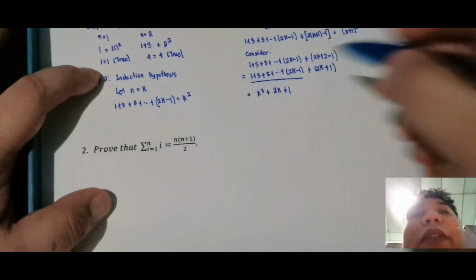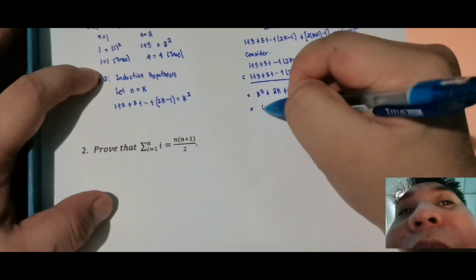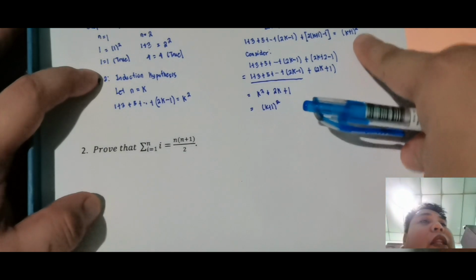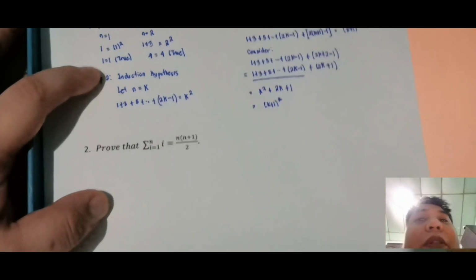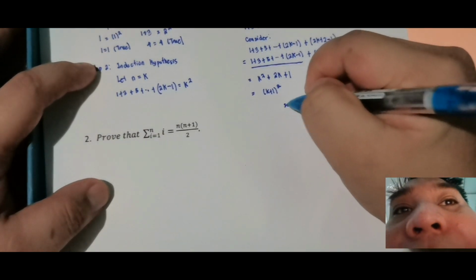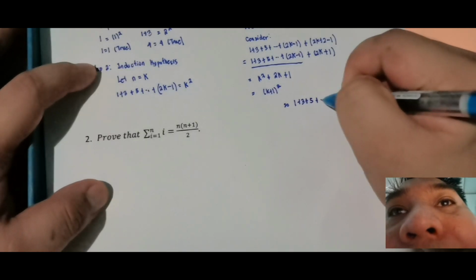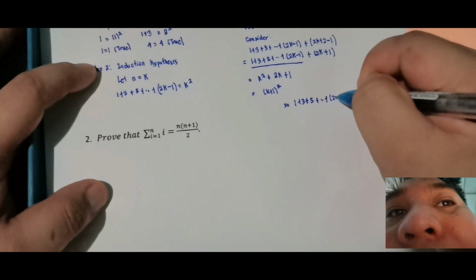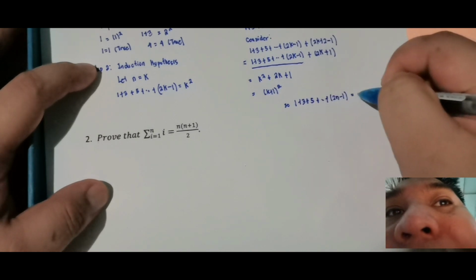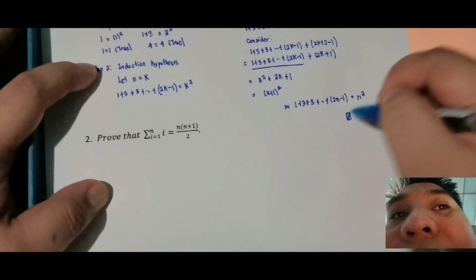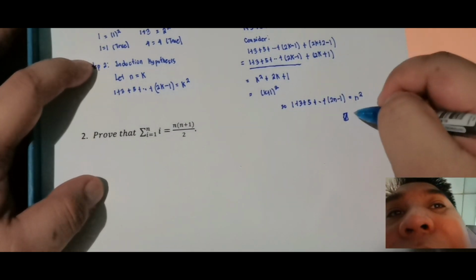Okay, then by factoring, that is equal sa k plus 1 raised sa 2, which is ito. Okay, so therefore, 1 plus 3 plus 5 plus dot plus 2n minus 1 is always a perfect square, and this is done.